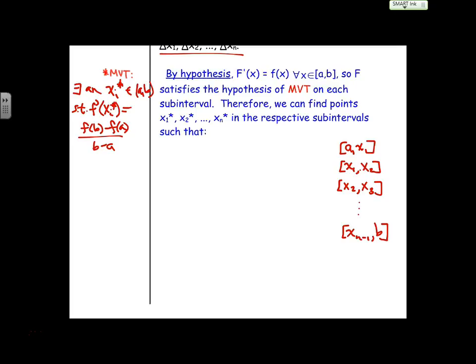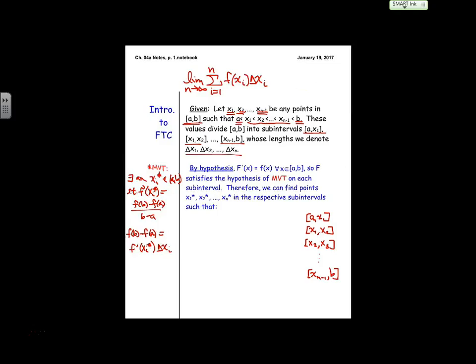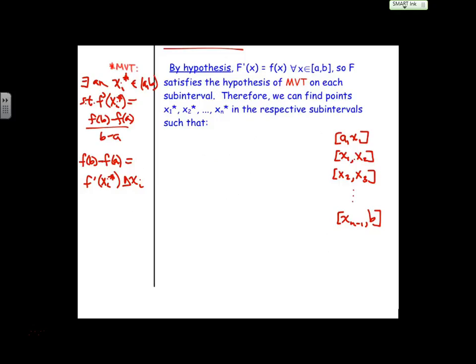We can say the following: f of b minus f of a is equal to, if I solve this little equation by moving the b minus a to the other side, f prime of x sub i star times delta x sub i, which looks an awful lot like that summation up there at the very top.